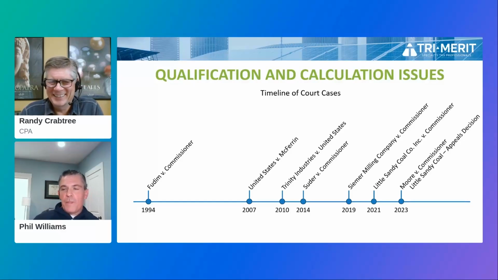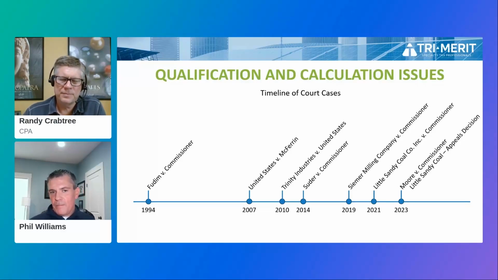Anyway, Seymour Milling dealt with specificity of technical uncertainty, specificity as to business component, and specificity as to process of experimentation, where the court said you can't make these broad, conclusory statements.